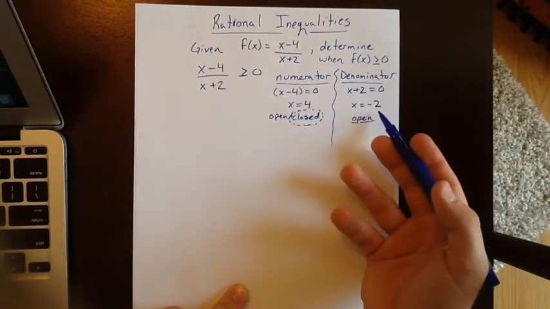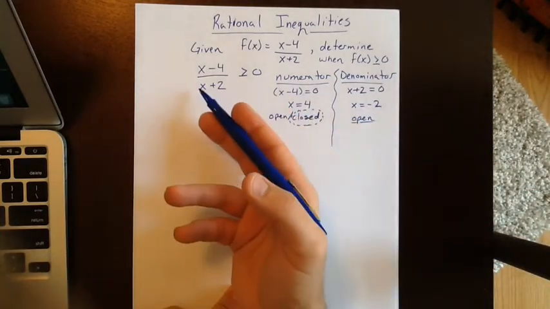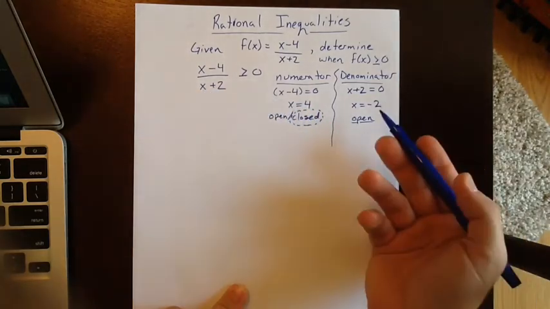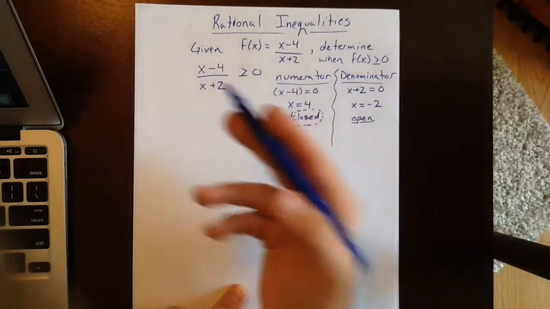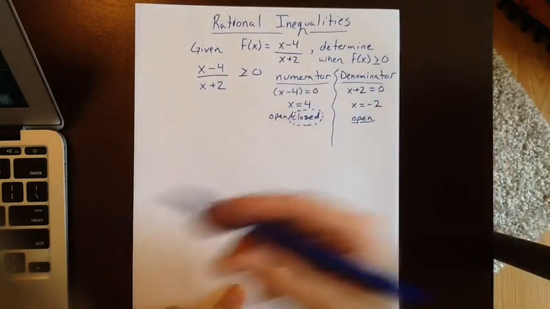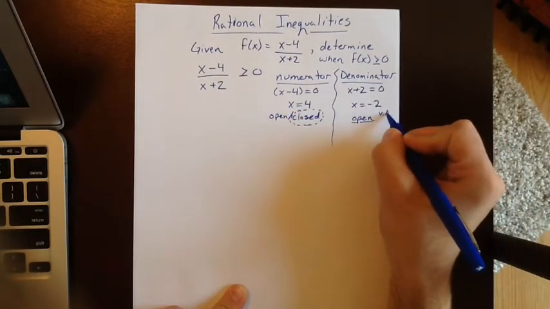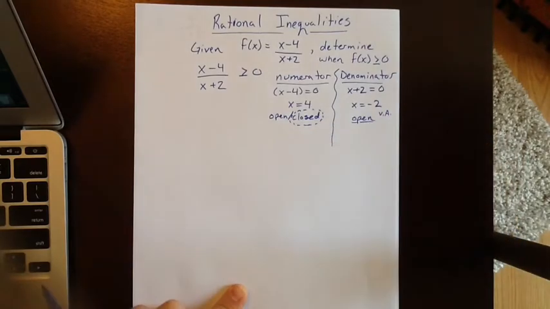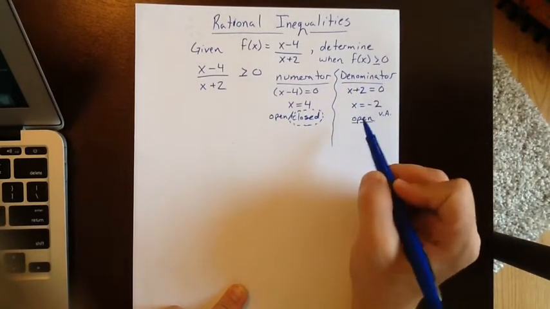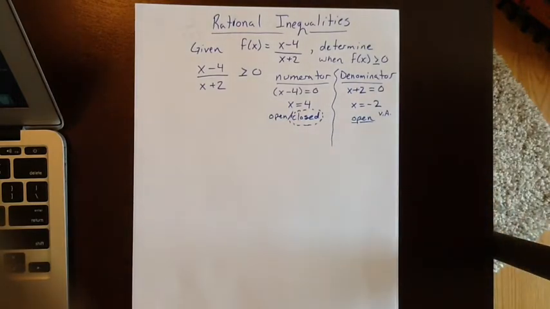And think about what negative 2 is. If I place negative 2 in, we get 0 in the denominator. So negative 2 is not even in the domain of the function. So how can it be in the solution if it's not in the domain? Negative 2 is a vertical asymptote on the graph. For that reason, any zeros of the denominator will always have an open bracket.